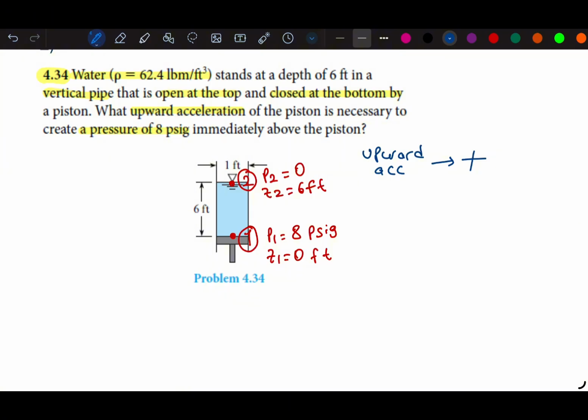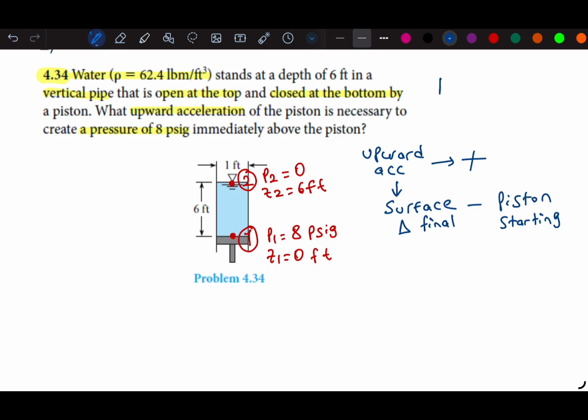So upward acceleration means we will have positive, and it means the surface minus piston. So if you calculate the change, we will get the surface as final and the piston as the starting point.